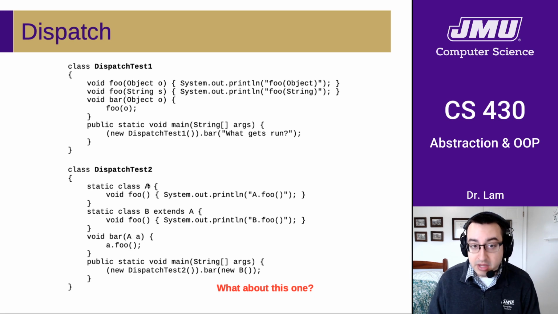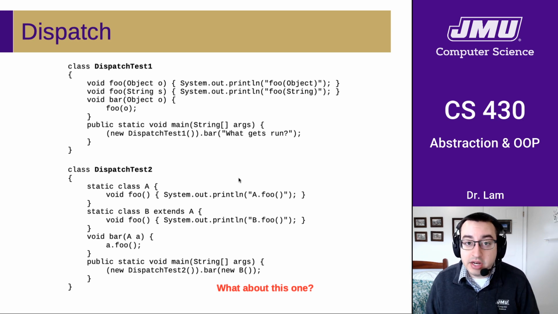It could be a big A, but it could also be an instance of class B. And because Java uses dynamic dispatch for this kind of method call, it will call B's foo instead of A's foo.